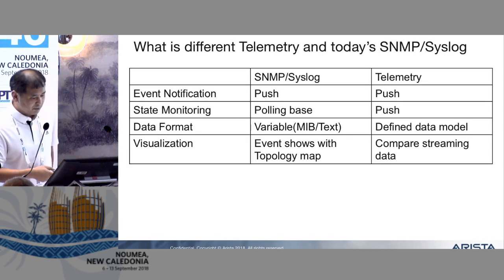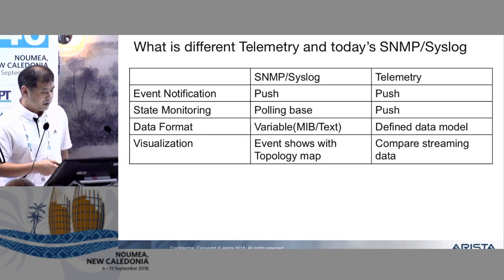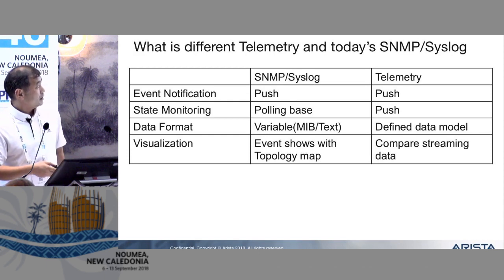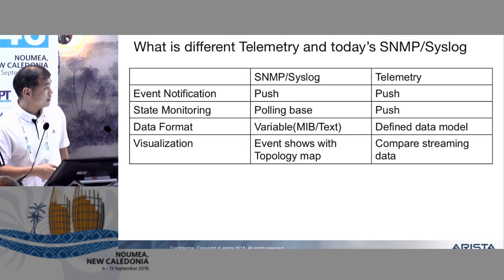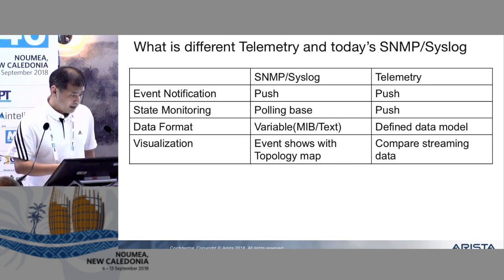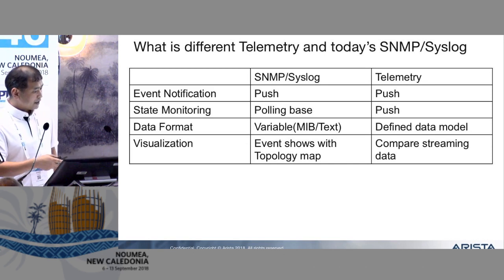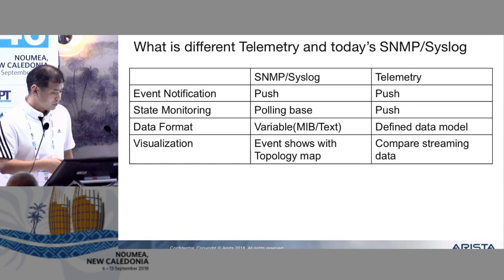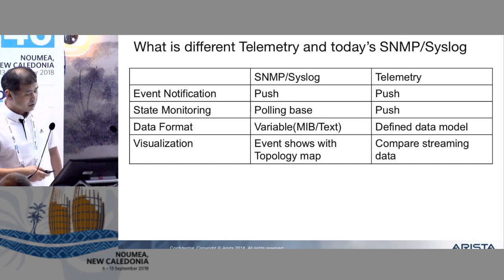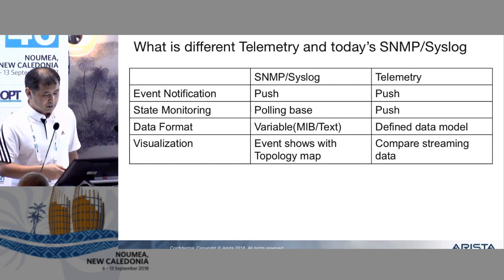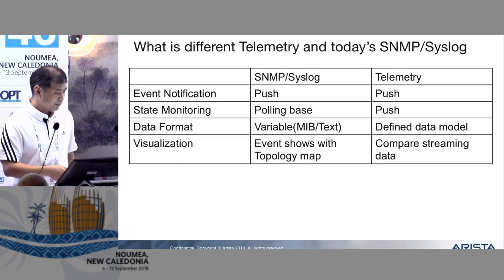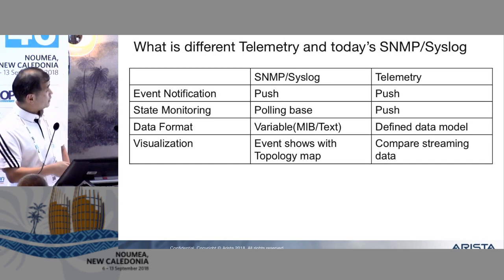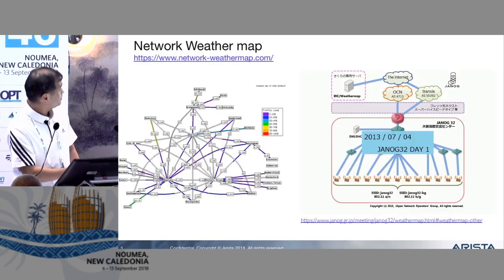Telemetry has a defined data model, which is reusable and makes the data format easy to analyze. For visualization, SNMP events are sometimes shown with a topology map, but telemetry compares the streaming data. I'd like to focus on this point from the next page.